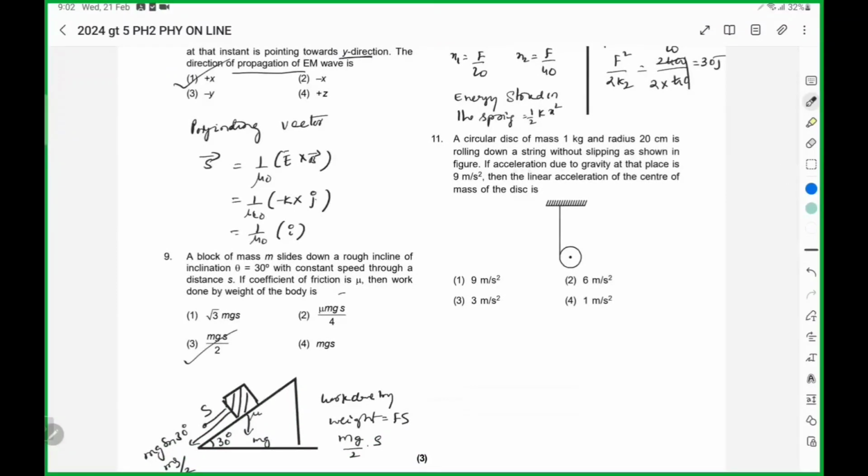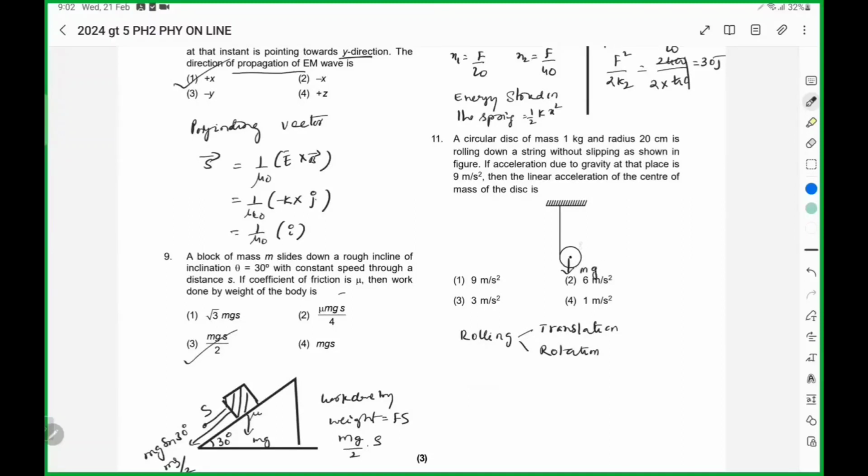Here it is. The disk is rolling. Rolling is a combination of two different motions: one is translation and the other rotation. So let us apply the translation formula here.